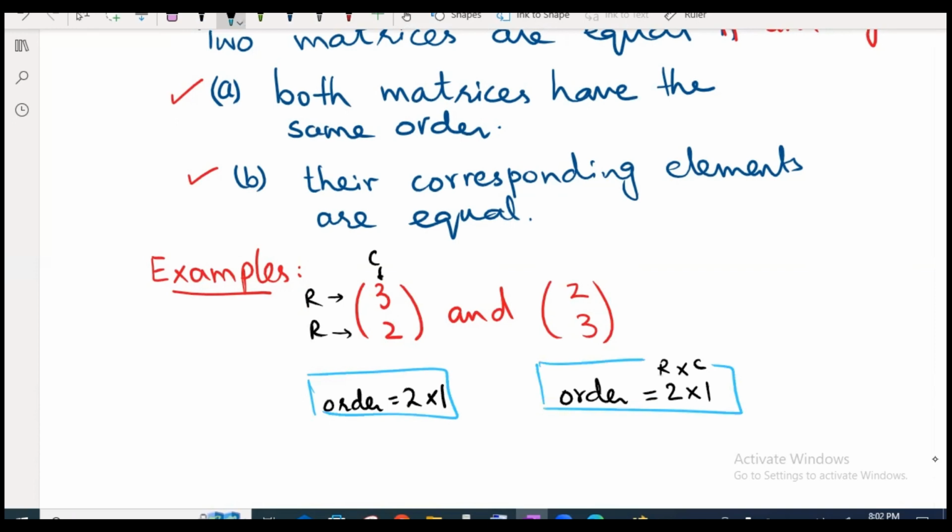But what about the second condition? Their corresponding elements must be equal.